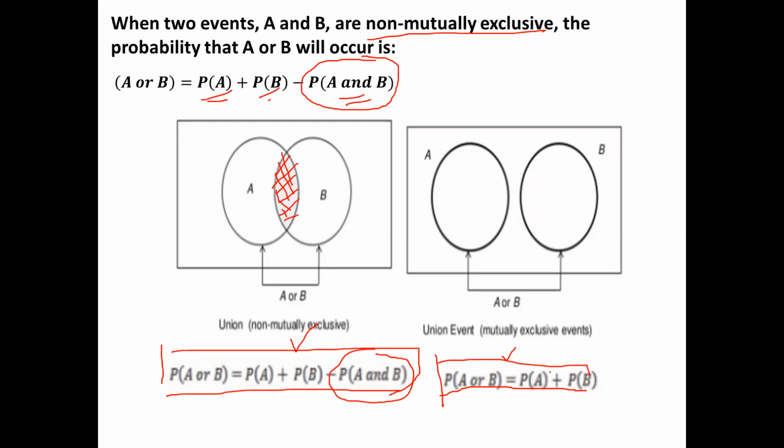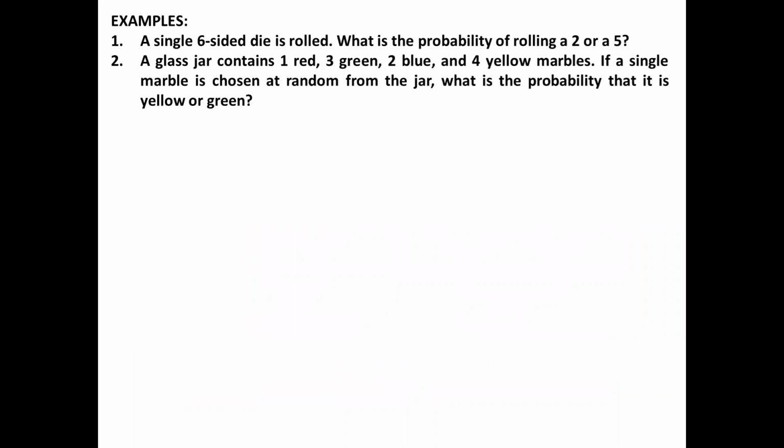Tignan nga natin. Tanong ko muna: ano ba yung probability na 2 lang ang lilitaw kapag rinol ko yung six-sided die? 1/6. Correct. Eh ano ba yung probability na 5 lang ang lilitaw? 1/6 din po. May kinalaman ba yung 5 sa 2?